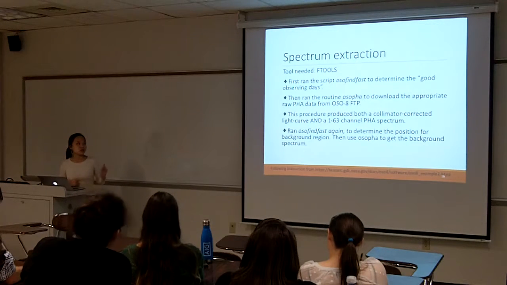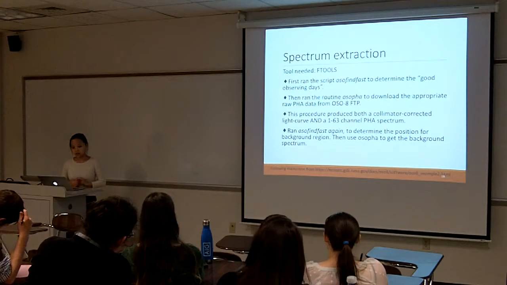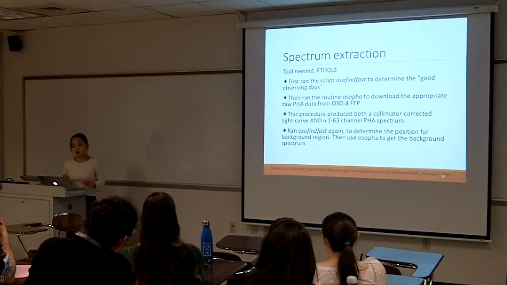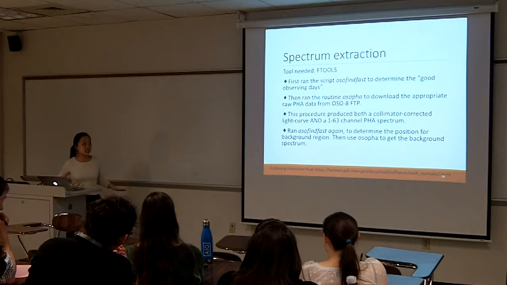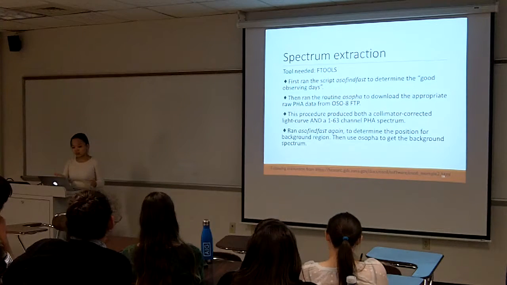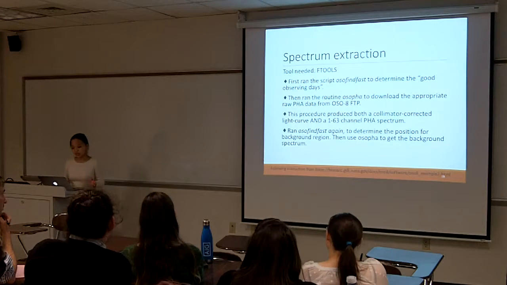The first tool needed is called FTOOLS. First run the script OSO FunFast and determine the good observing days, and then run the OSO TJ to download the appropriate raw data.